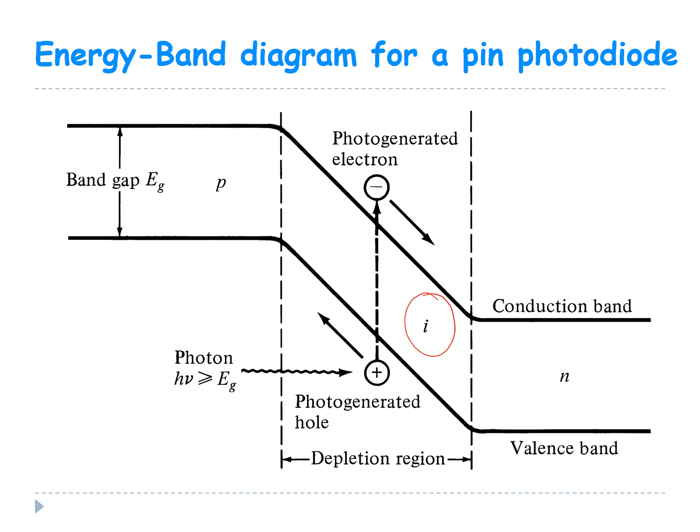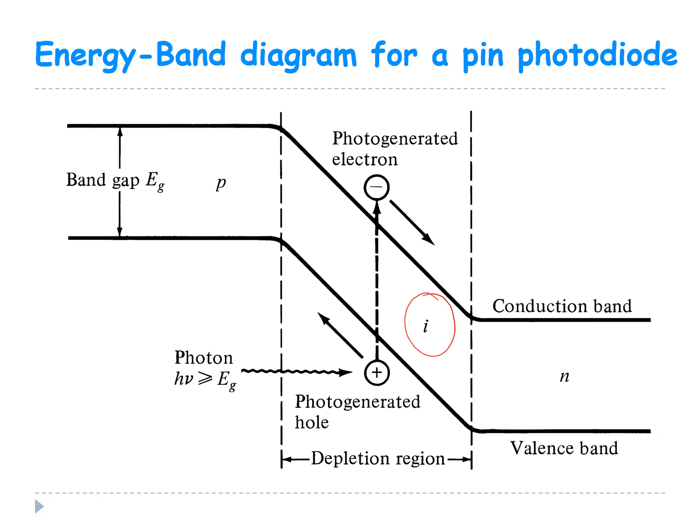Here you've got a situation that is more like two PN junctions connected back to back, right? So the intrinsic region is part of the whole depletion region. The intrinsic region is fully depleted.